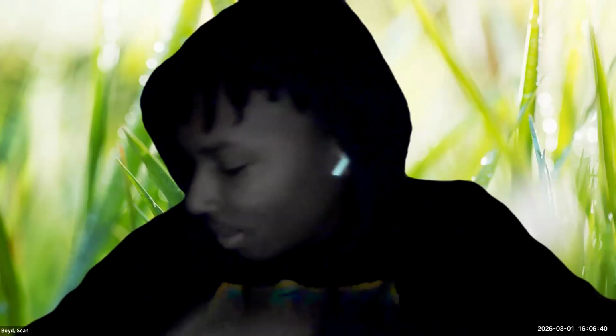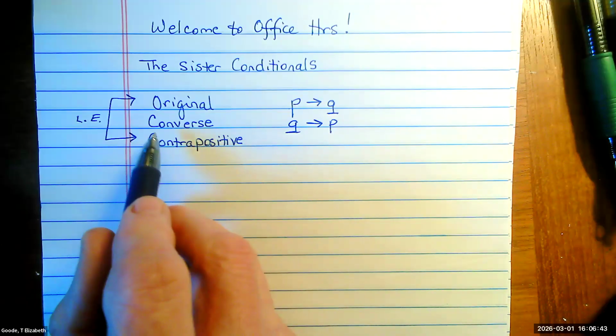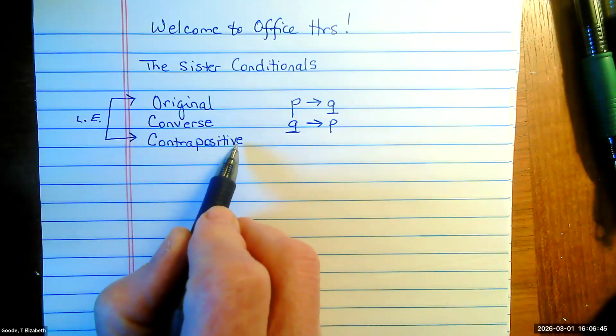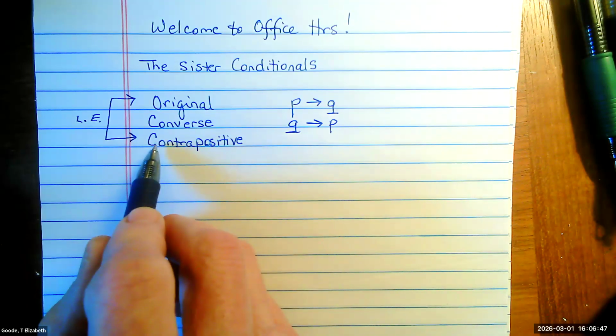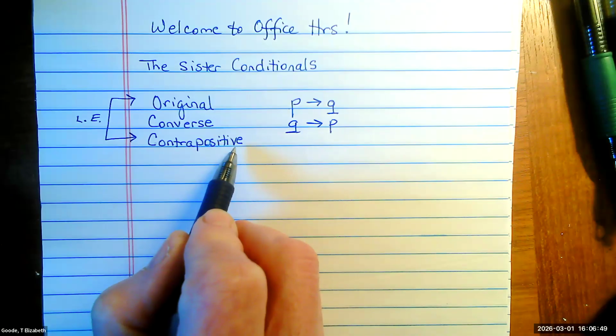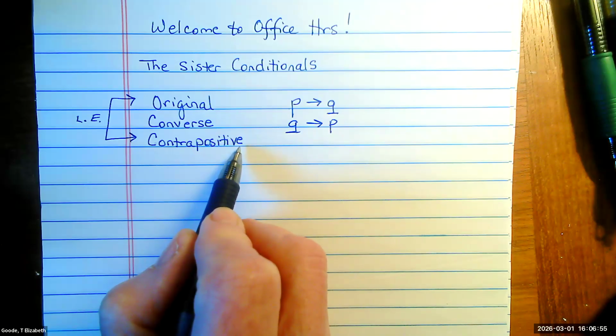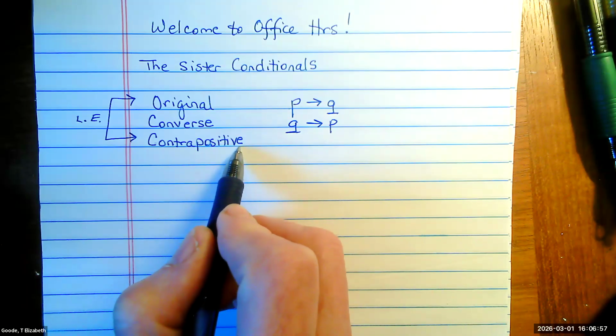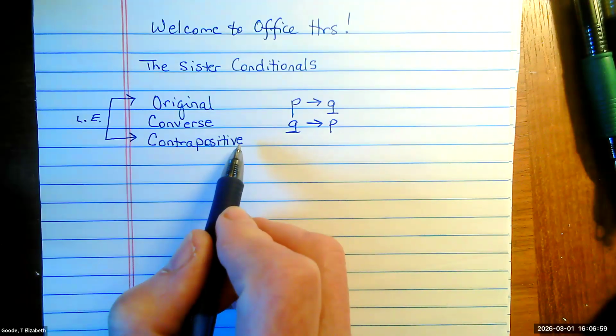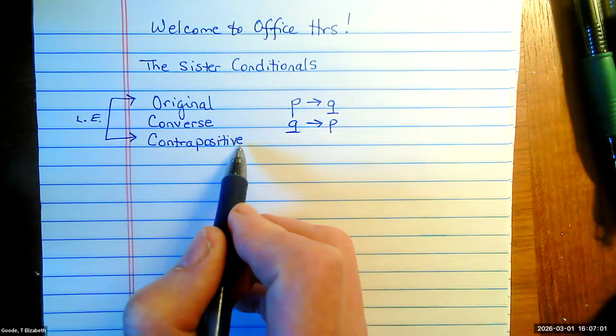Okay, so let me see if I can help you. The contrapositive is the longest word. It's the most complicated word that we have about the sister conditionals. It is the statement that we have to do the most to create. If not P, then not Q, right?